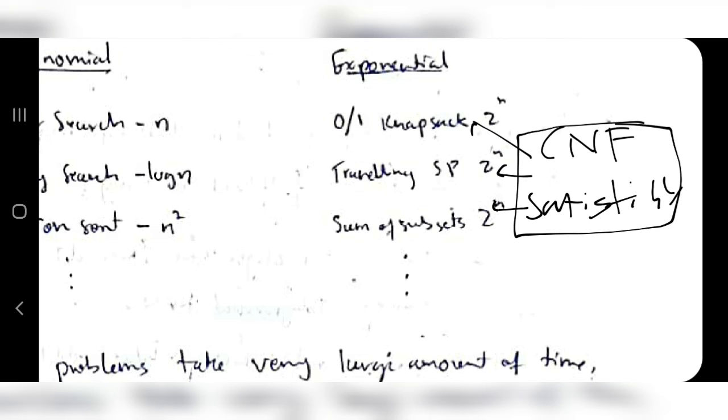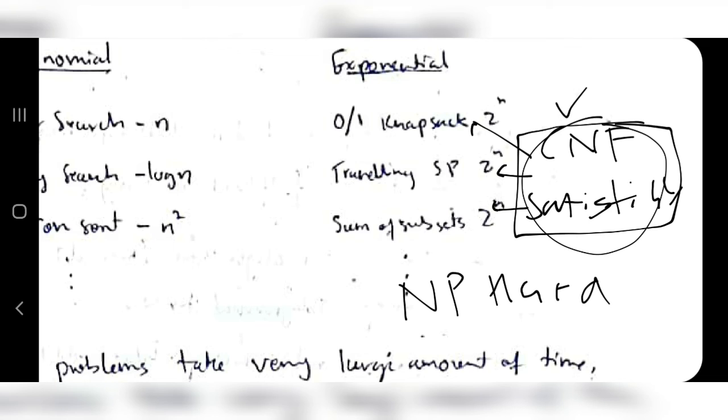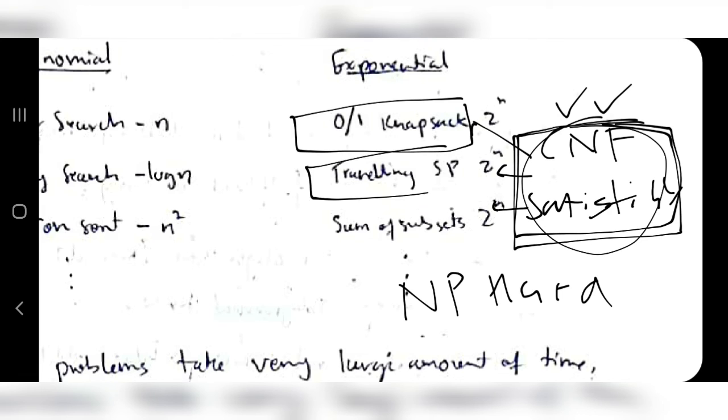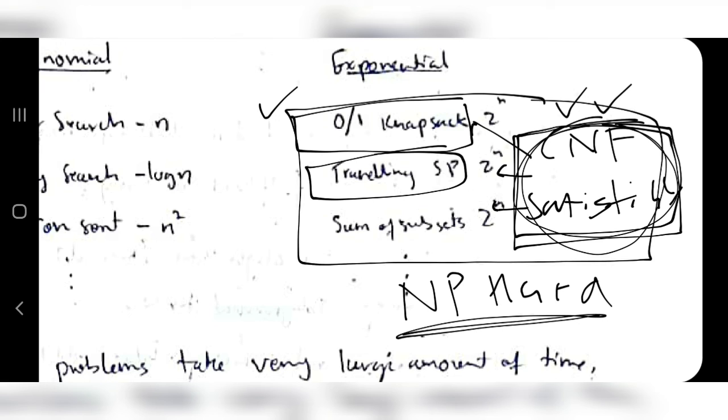Whichever algorithm successfully forms a relation with this one will be called NP hard. These are all NP anyway, and whichever forms a relation is known as NP hard.